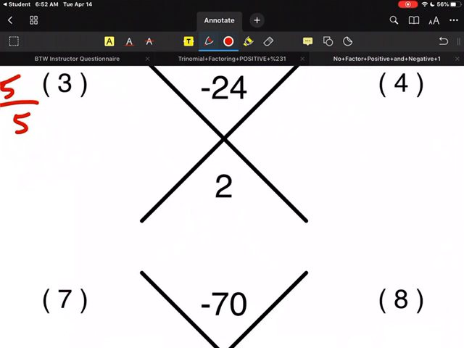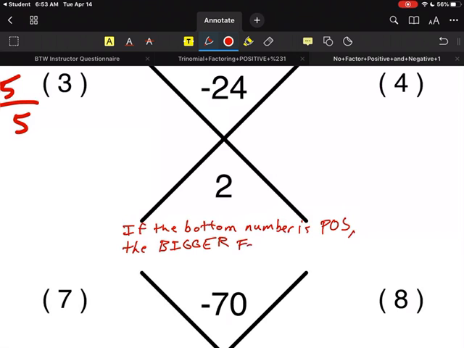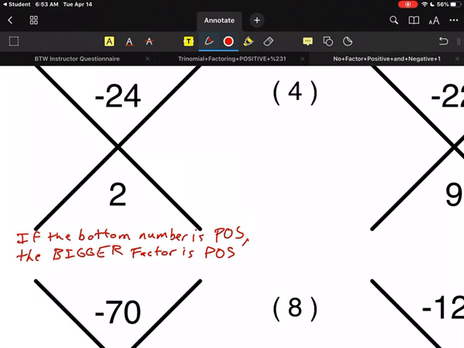Now the bottom number tells you which of the factors is going to be negative. If the bottom number is positive, the bigger factor is positive, and I'm going to write the other one over here.